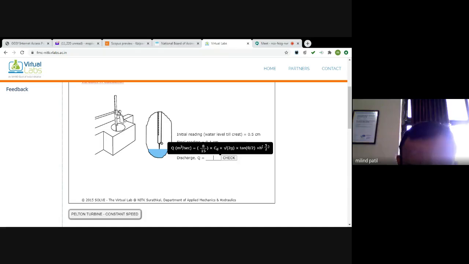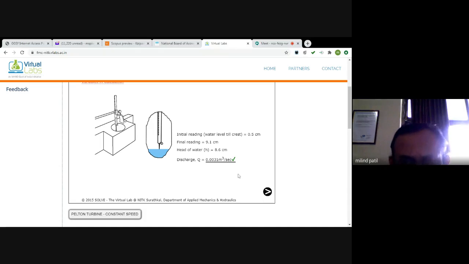So here let us put the answer. That is 0.0031 meter cube per second. This is the discharge.